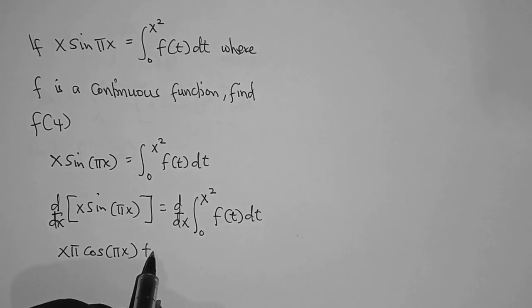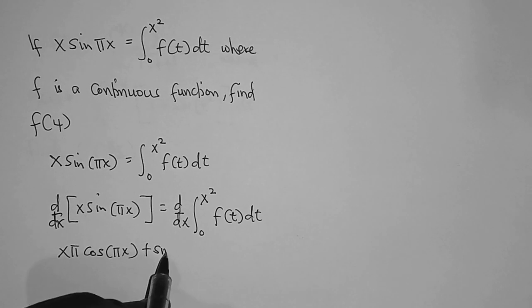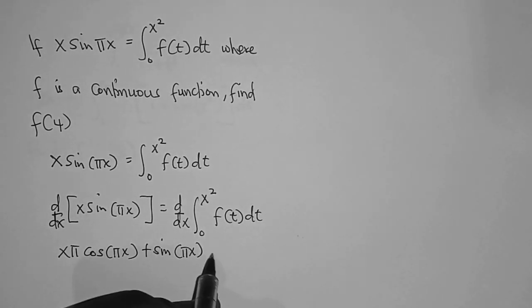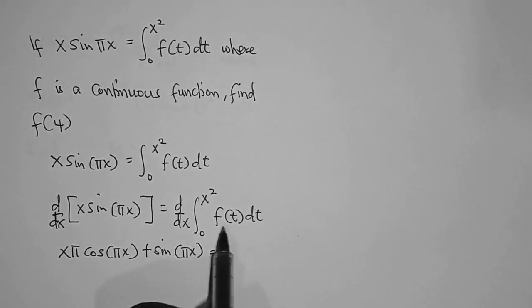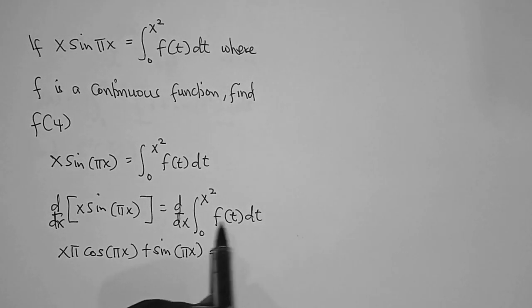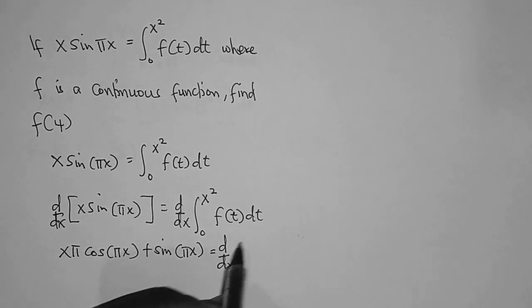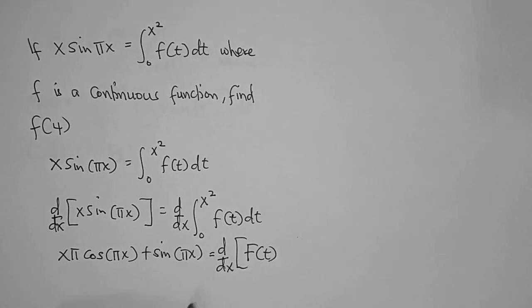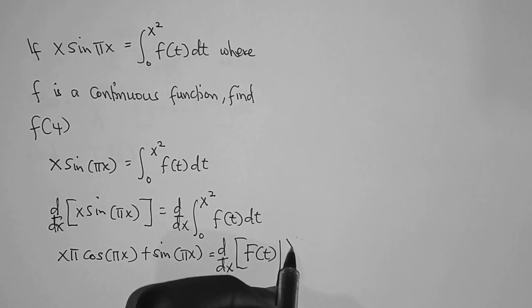So that is plus sine pi x. And this is equal to, now remember that if you integrate small f of t, you are going to get capital F of t according to the fundamental theorem of calculus, evaluated at 0 and then x squared.